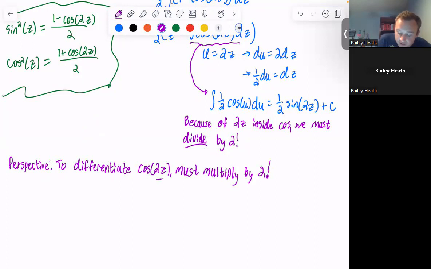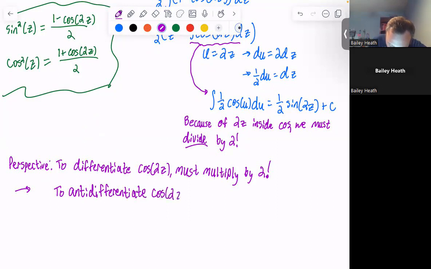Because the derivative of this 2z on the inside is 2. So when we take the derivative of cosine of 2z, we have to multiply by 2 to account for that. So if you think about how we do this in reverse, when we're doing antiderivatives, to anti-differentiate, well, what's the opposite of multiplying by 2? Well, we have to divide by 2.